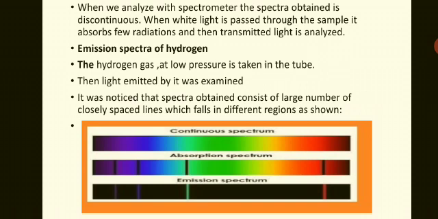Now, for example, the emission spectra of the hydrogen atom. If hydrogen gas is taken at low pressure in a glass tube, or you can say in a cathode ray tube, then the light emitted by it was examined, and the following image is obtained as shown in this slide.